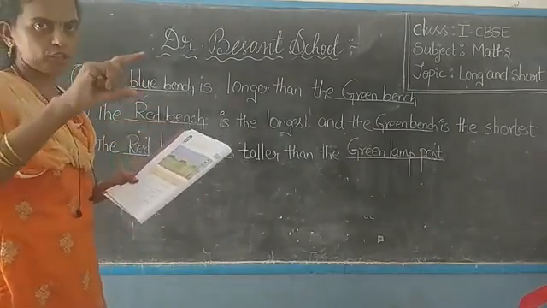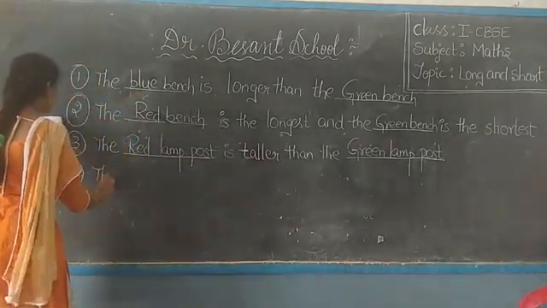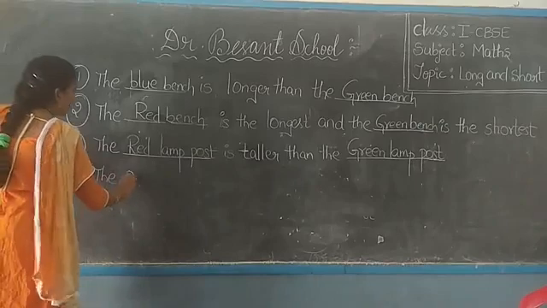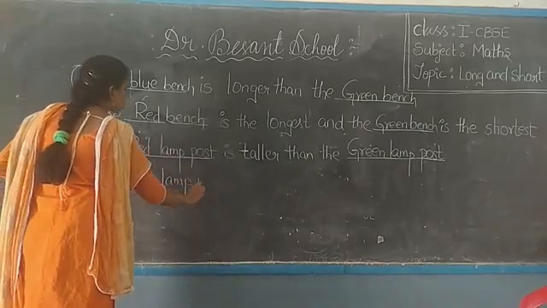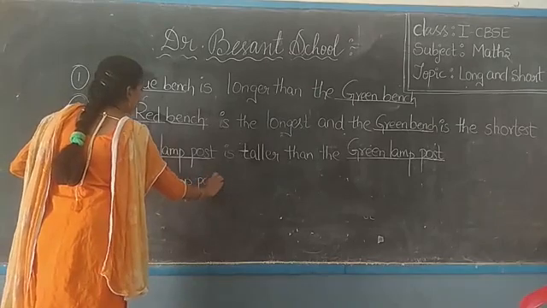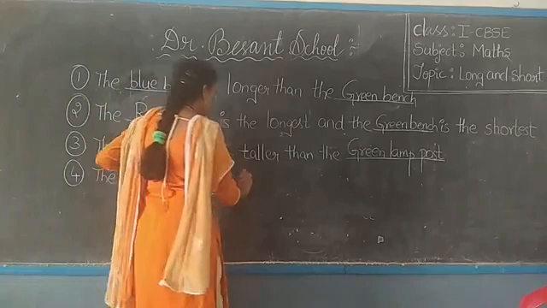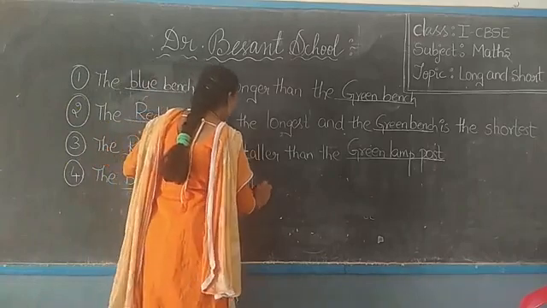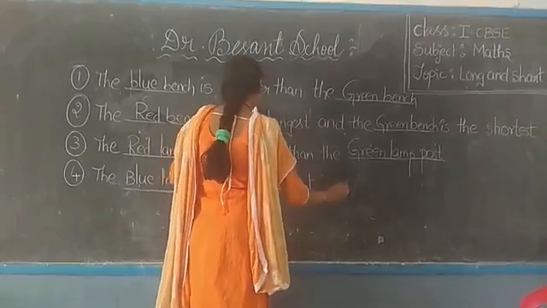Green color lamp post is the shortest. So write down in the first blank, blue lamp post. Blue lamp post is the tallest.